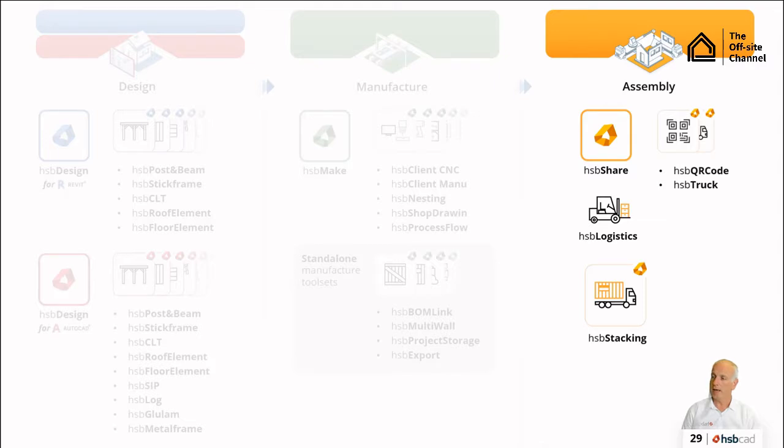And finally we have our assembly, and here we have a number of tool sets where you can have logistic management, which will allow you to control your placement of your various packages in a factory environment, or the stacking solution that will allow you to create the truck loading in your factory.